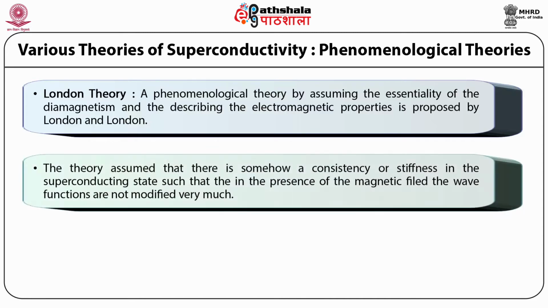The theory assumed that there is somehow a consistency or stiffness in the superconducting state, such that in the presence of a magnetic field, the wave functions are not modified very much.